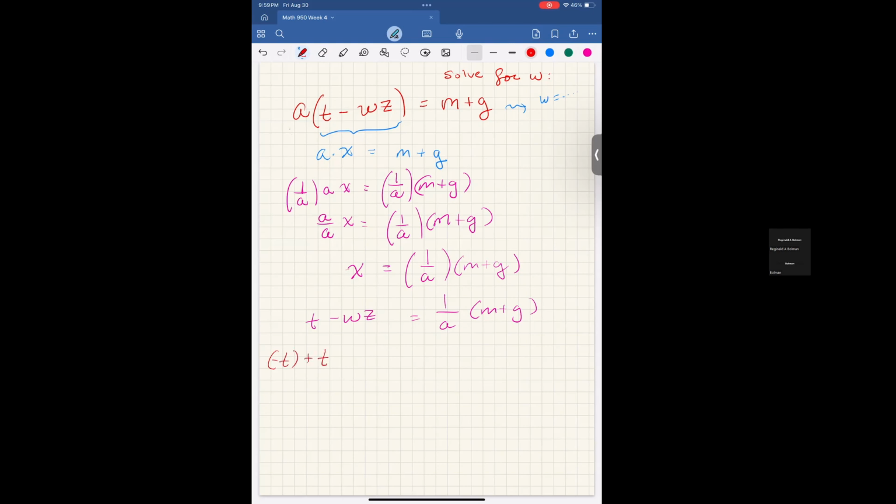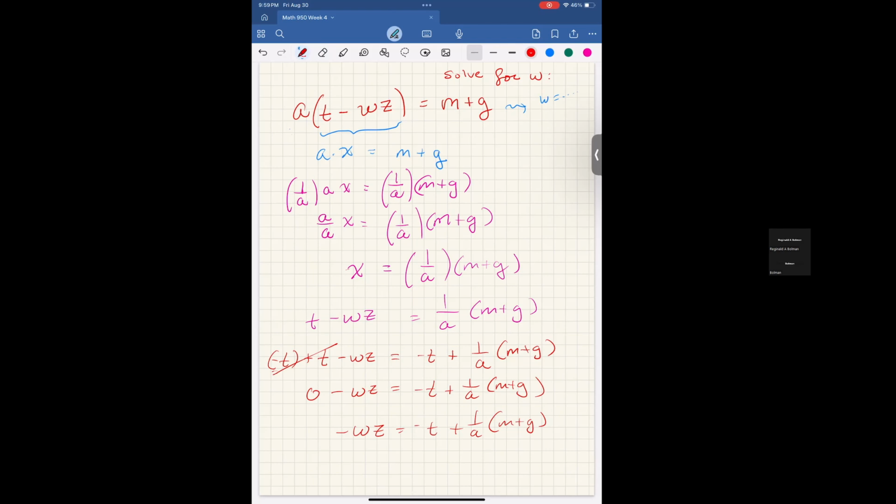I'll add a negative t to both sides of my equation. My t's will cancel out. They'll just become 0. And then you have negative wz is equal to negative t plus 1 over a times m plus g. And that's basically what you have there.